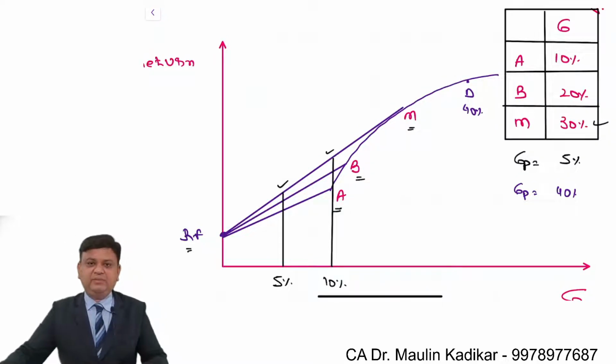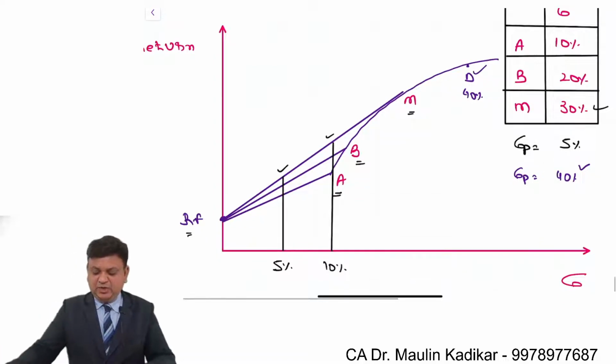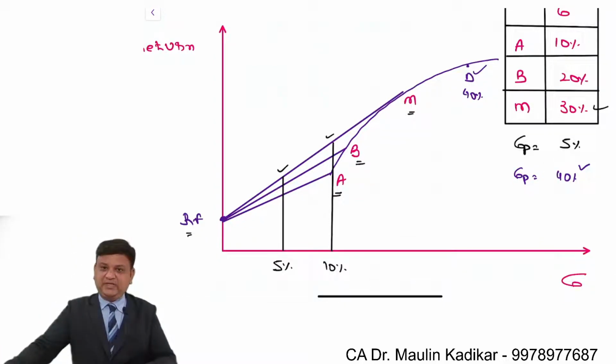I repeat my question: if the investor has a risk bearing capacity of 40%, and has an alternative of making investment in portfolio D, which is lying on the efficient frontier, then how should he make investment of the funds?